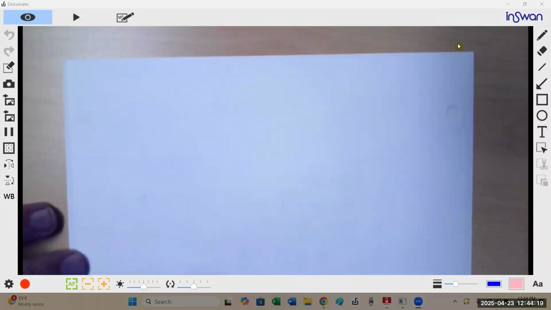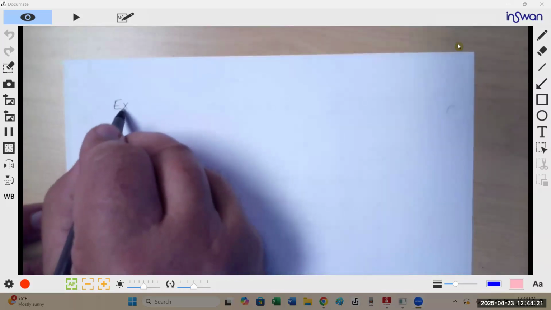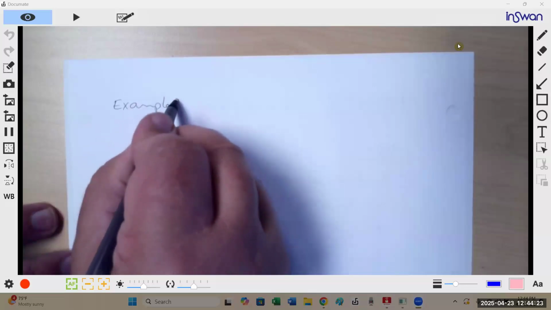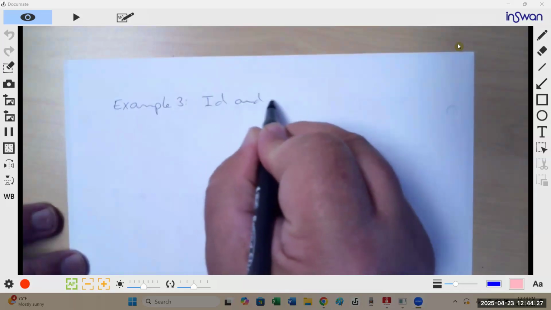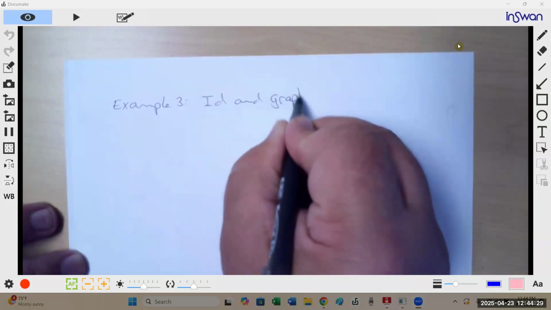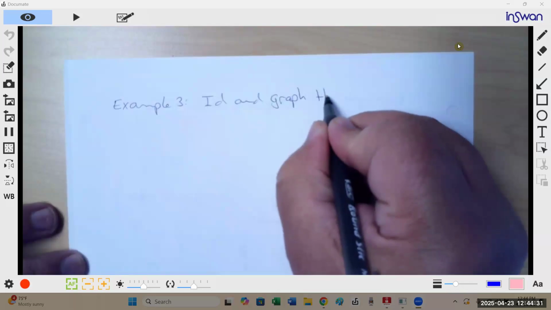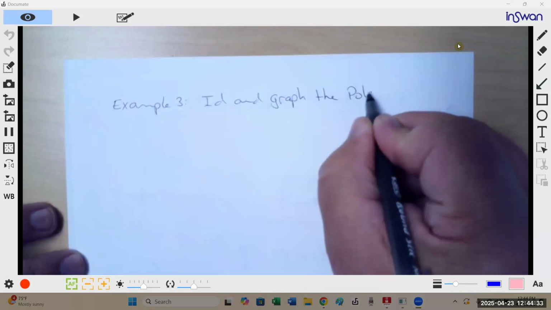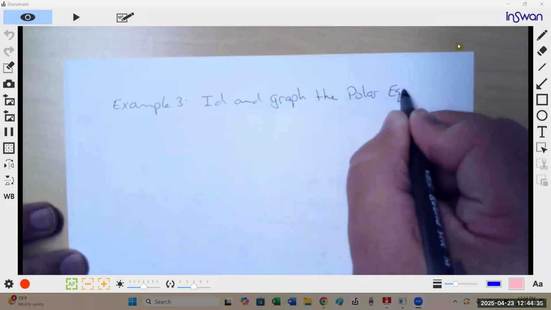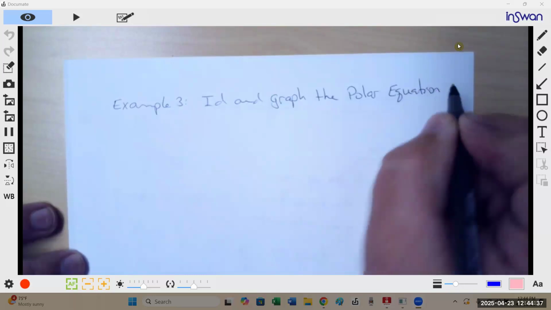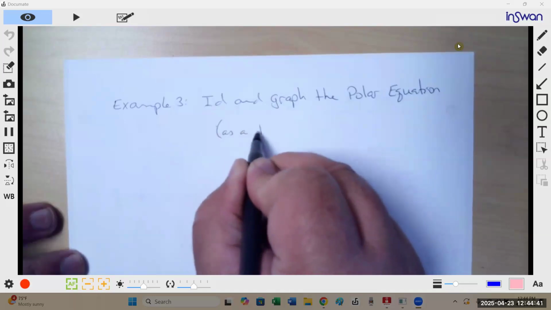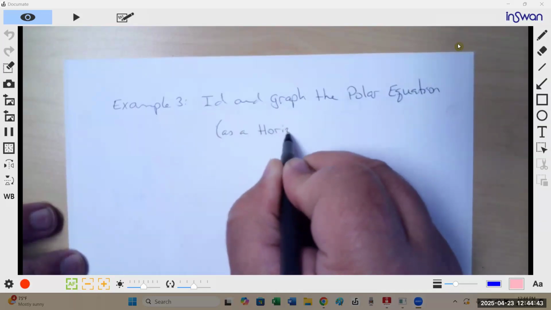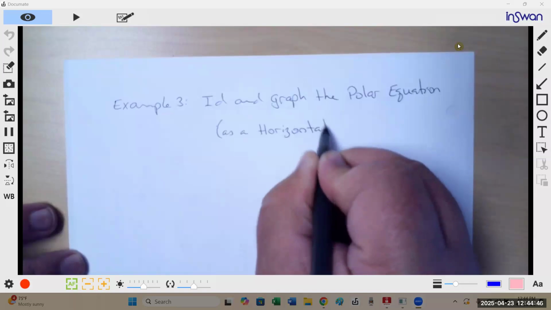The next one. Identify and graph the polar equation as a horizontal line.